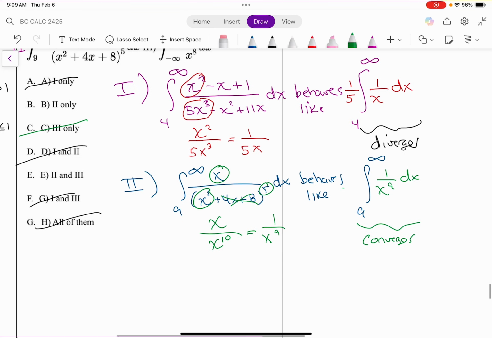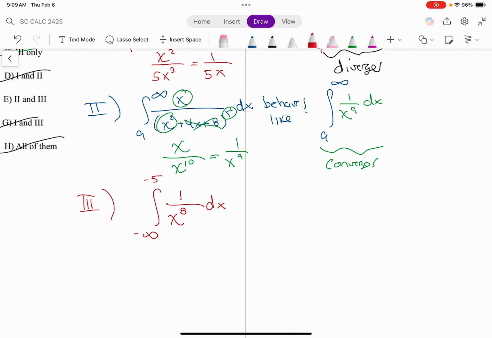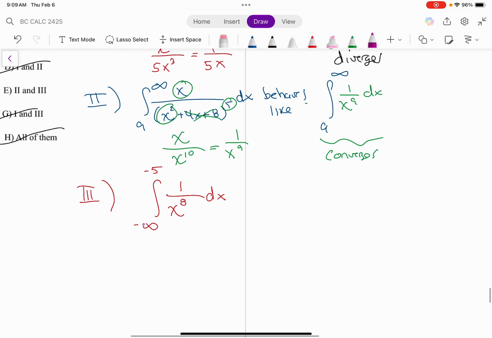So 3 is the integral from negative infinity to negative 5 of 1 over x to the 8th. Most of the textbook definitions and theorems don't really discuss the negative part of the x-axis, right?